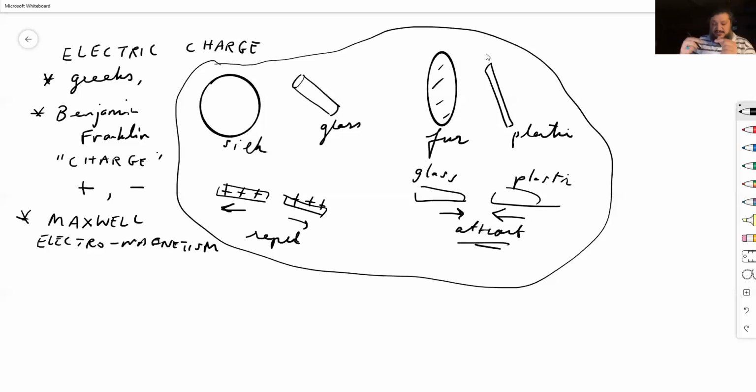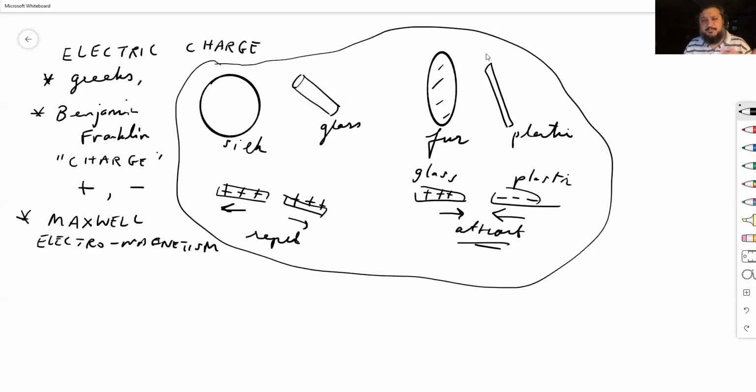Since they attracted each other, he said this should be a different charge, maybe a negative charge. And the rule is if you have opposite charges, you will have attraction between the two objects. If you had two negative charges, they would also repel. All right, so like charges repel, opposite charges attract.